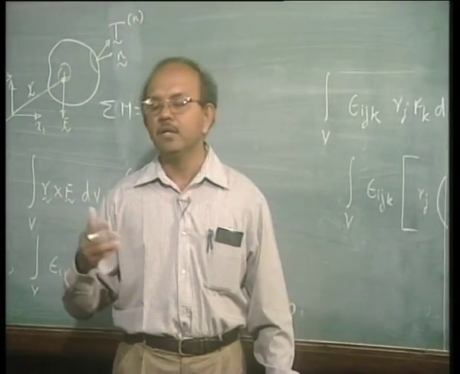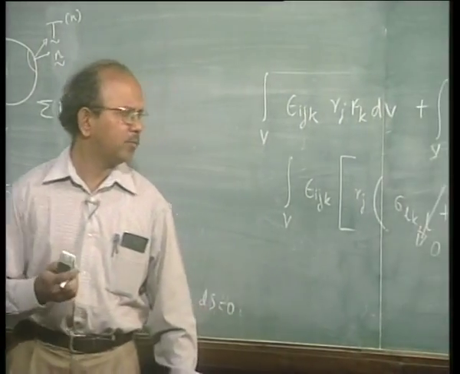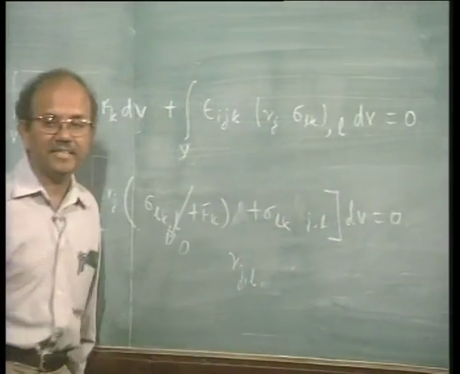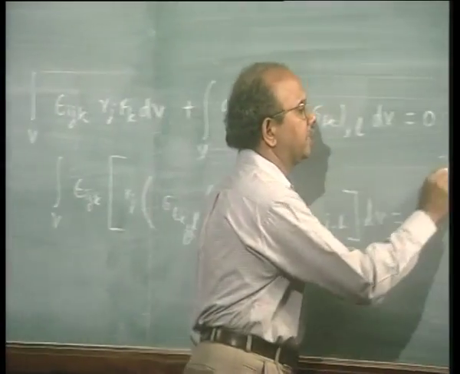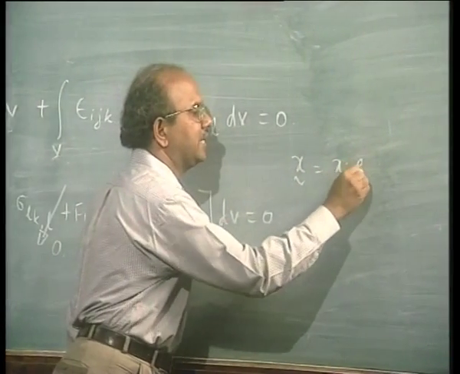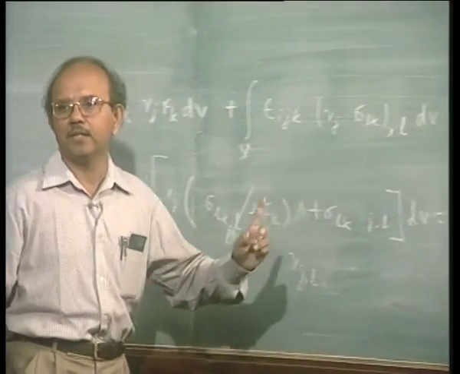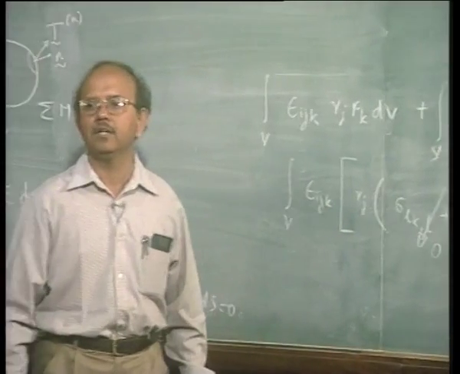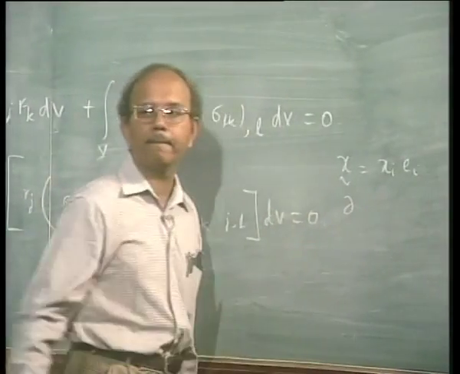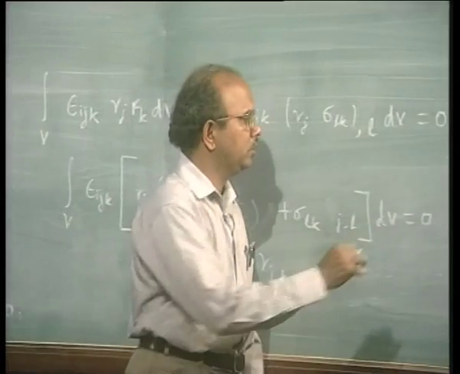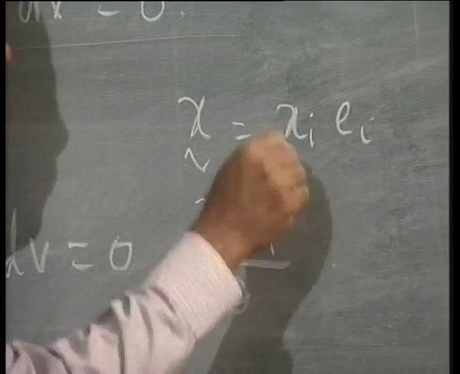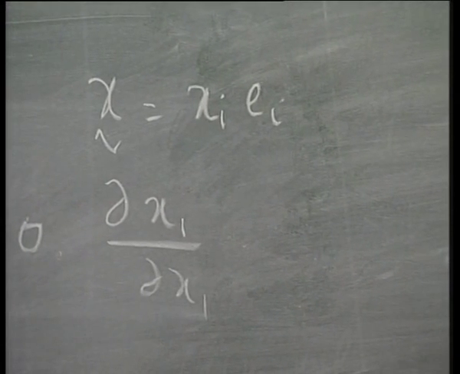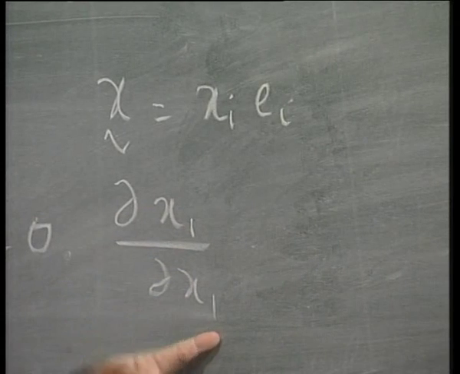Many people, which may also be easier to understand, instead of r will write x, or in other words the position vector x will be written as x_i e_i. I didn't do that in the beginning because it may be slightly confusing, but now it will become clear. When I differentiate, dou x1 by dou x1 will be 1, and dou x1 by dou x2 will be 0, and so on.